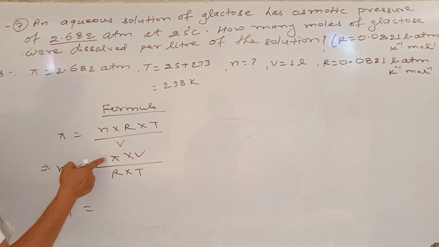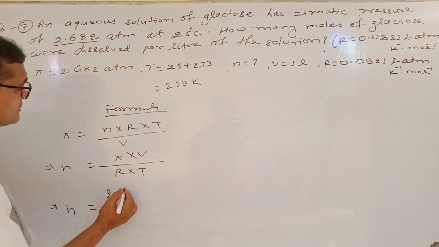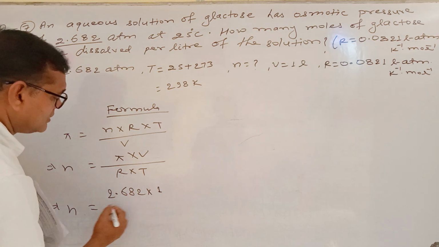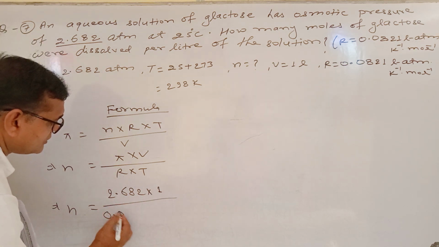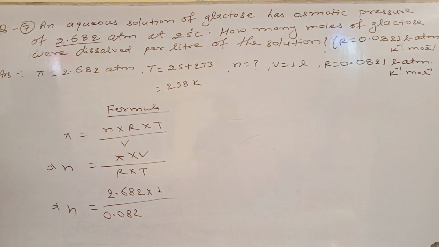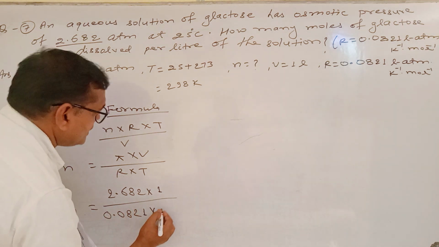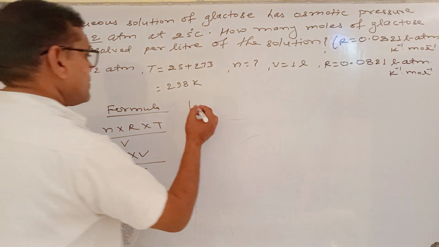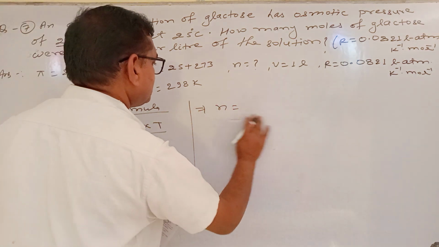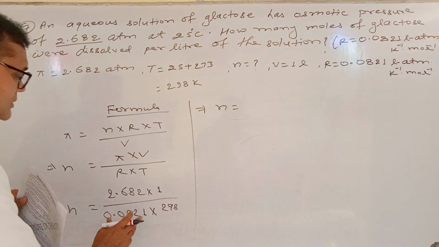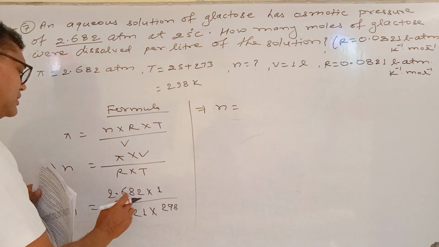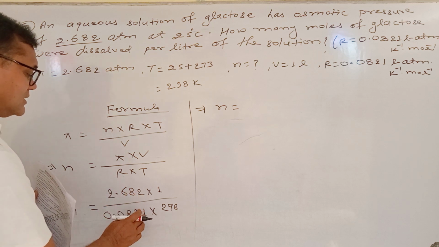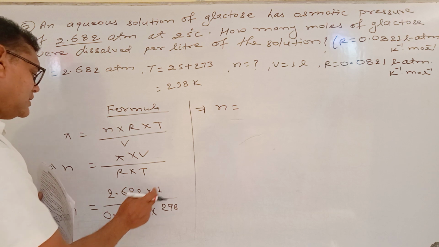The value of pi is equal to 2.682, V is equal to 1, R is equal to 0.0821 and temperature T is equal to 298 Kelvin. In the upper there are 3 digits and in the lower 4 digits, 1 digit is extra in the lower, therefore we write here 10.